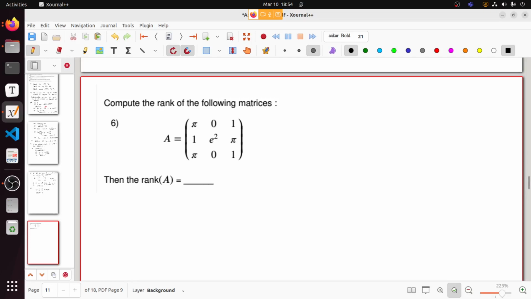So what we will do first is make A into row echelon form, row reduced echelon form.